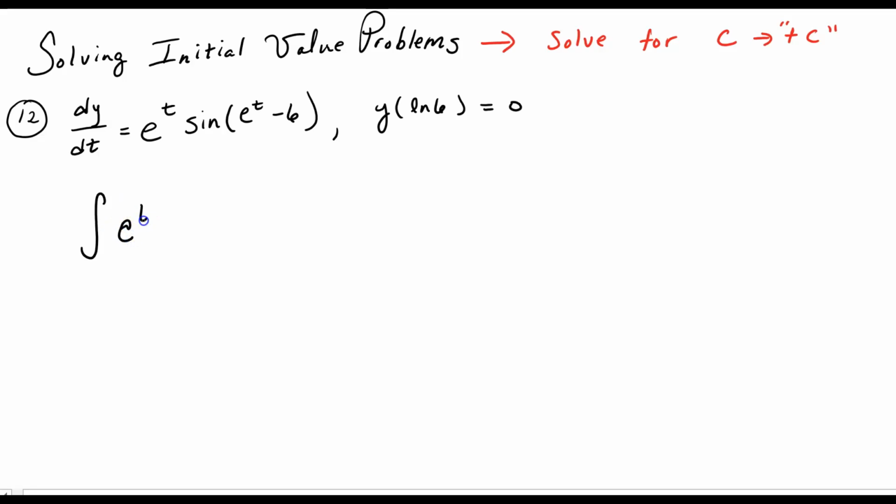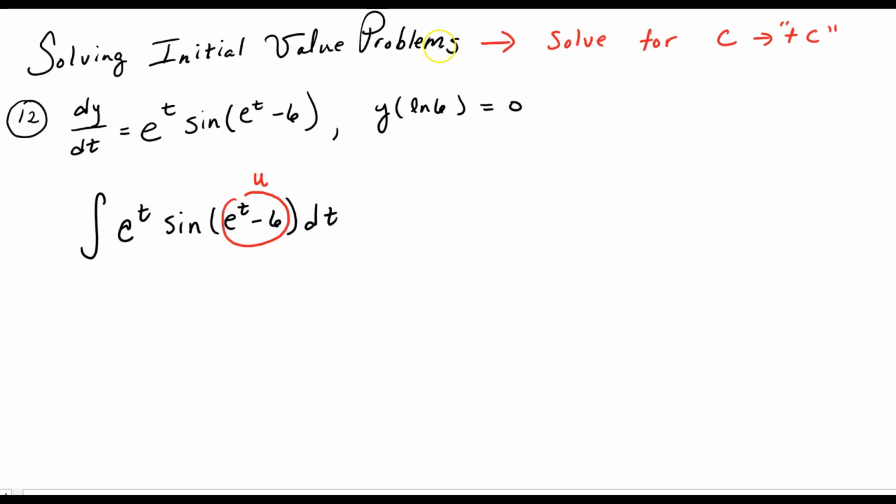If I integrate e to the t times the sine of, let's see, what is it? e to the t minus 6 dt, okay? I'm going to have to do u substitution in order to integrate this. So let's pick this as u.